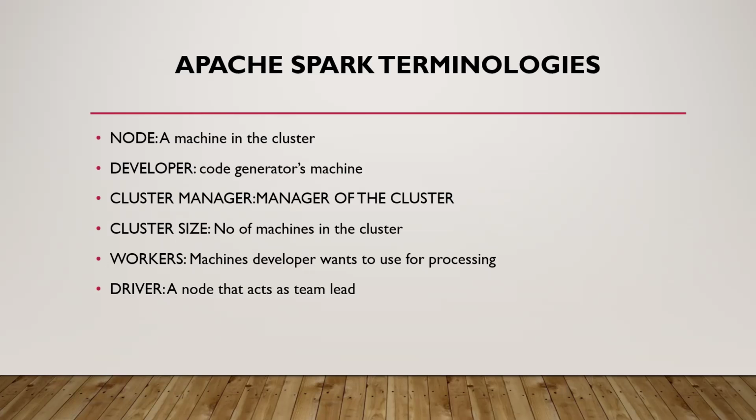If one of the systems in the cluster is mine, and I'm typing the code, sending it as a job from my system, maybe using Python or Java, then my system is in the cluster because it is interconnected to the others. So that is the developer.